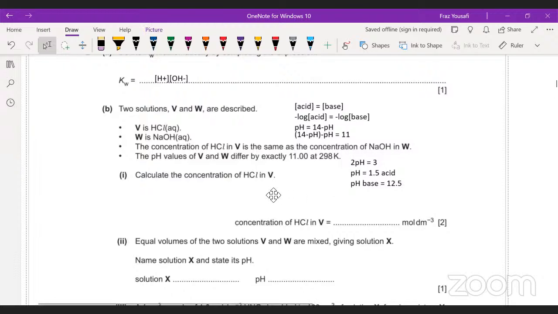Now, once you've done this part, the next part is pretty self-explanatory. Your H plus ion concentration is equal to 10 raised to your negative pH, so negative 1.5, and that in turn will give you a value of exactly 0.0316.